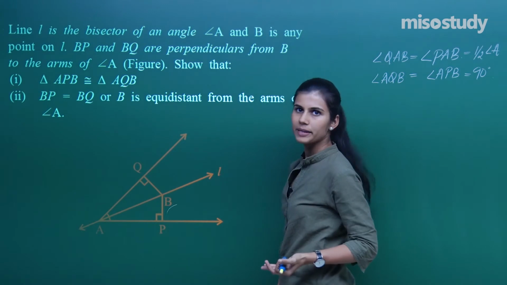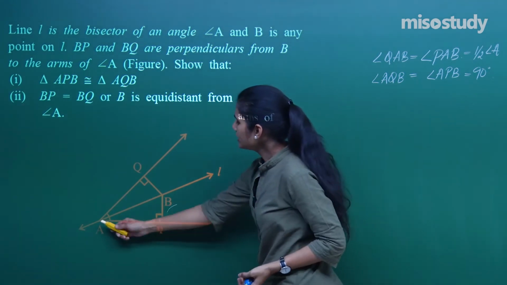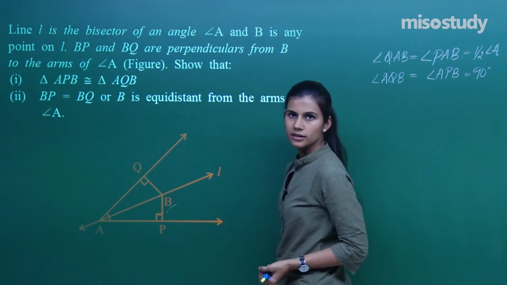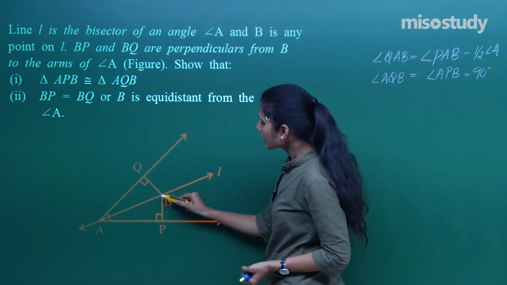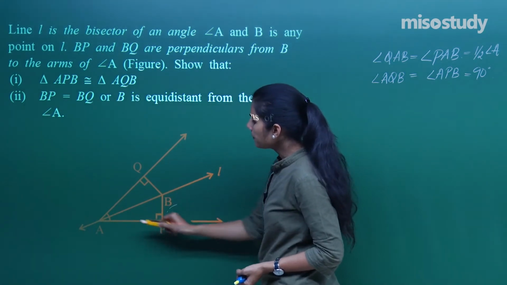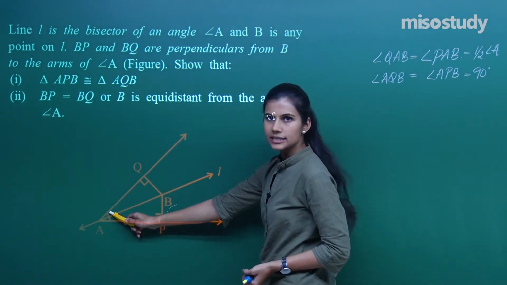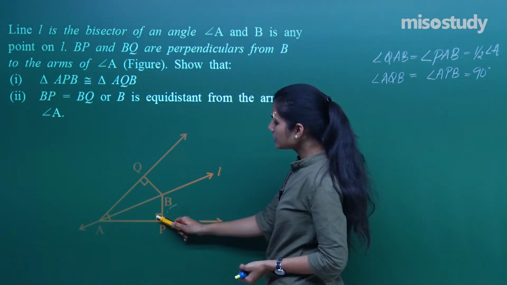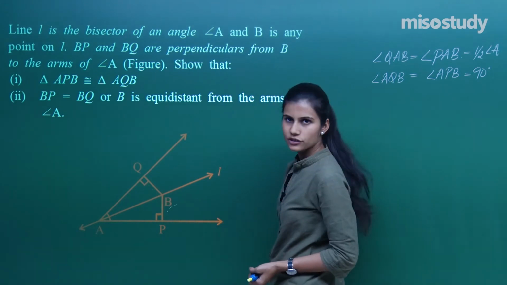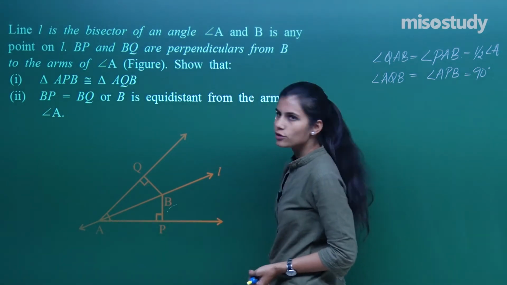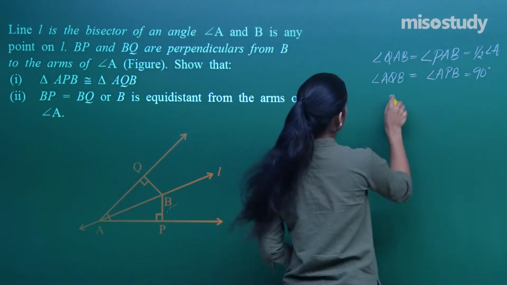QAP is angle A. Also you can see AB is same as AB. Obviously if I talk about triangle BQA and BPA, one angle is this here and one angle is this here which are equal. One angle is this here 90, one angle is this here 90 which are equal, and this side AB is common, so obviously it is equal.